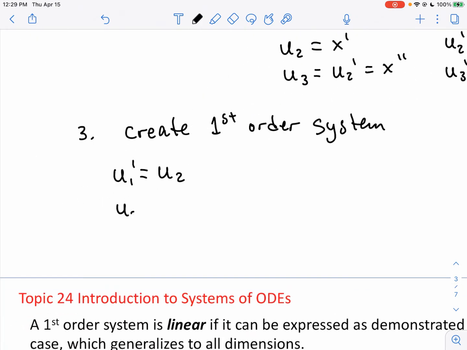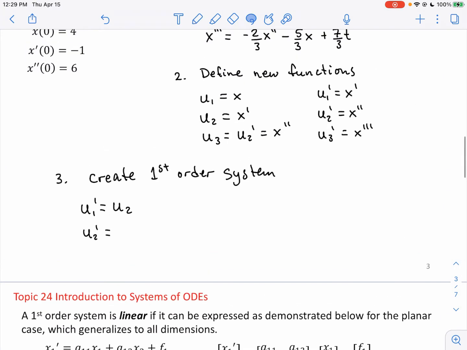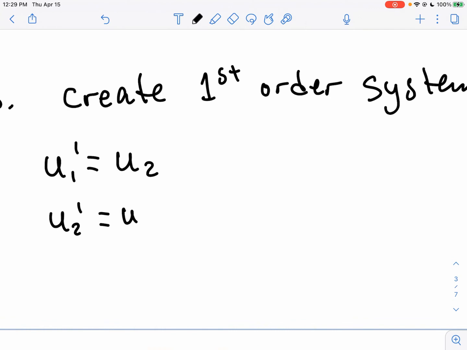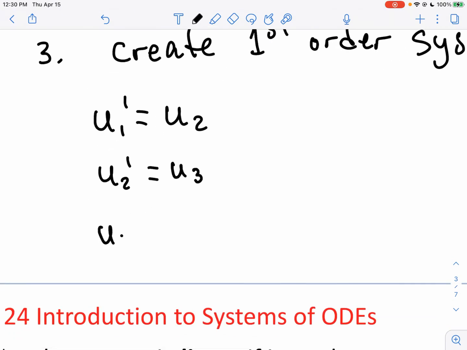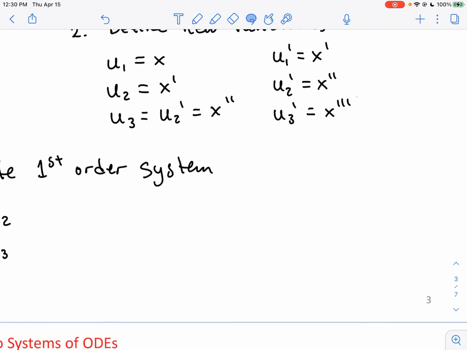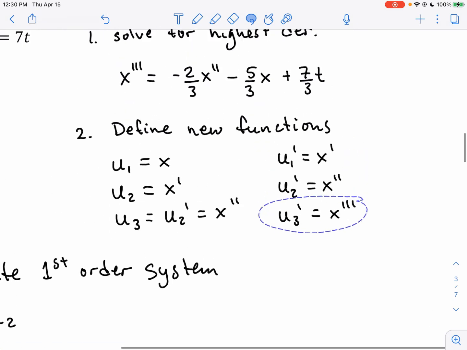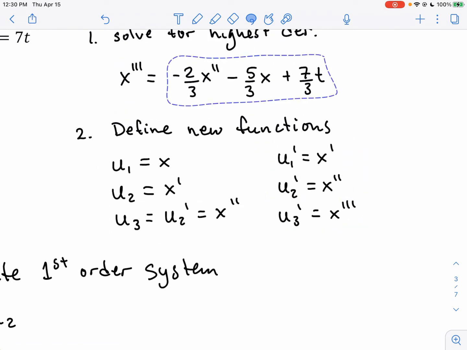Now u2 prime, our second first order differential equation, u2 prime is x double prime, but x double prime is the same thing as u3. So I get u3. And finally u3 prime is x triple prime, but x triple prime is given by the original ODE, given by this statement. And furthermore, x double prime can be written as u3, and the x here can be written as u1.